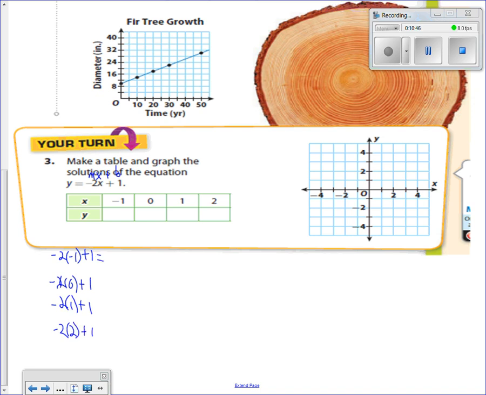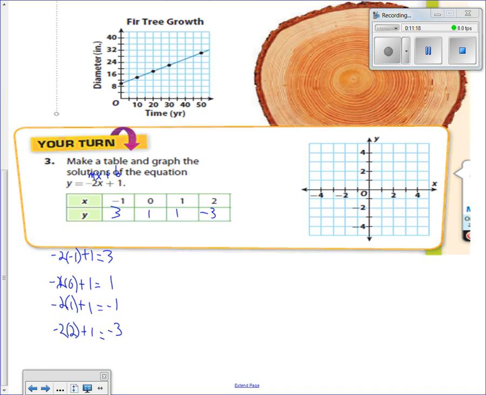So -2 times -1 is 2 plus 1 equals 3. -2 times 0 is 0 plus 1, that equals 1. And then -2 times positive 1 is -2. -2 plus 1 is -1. -2 times positive 2 is -4, plus 1 is -3.